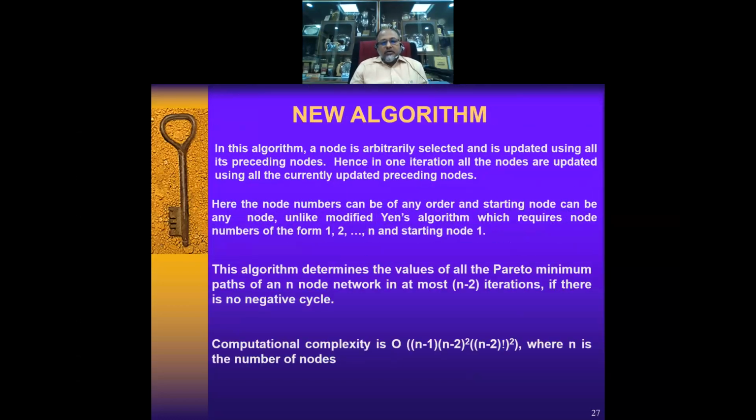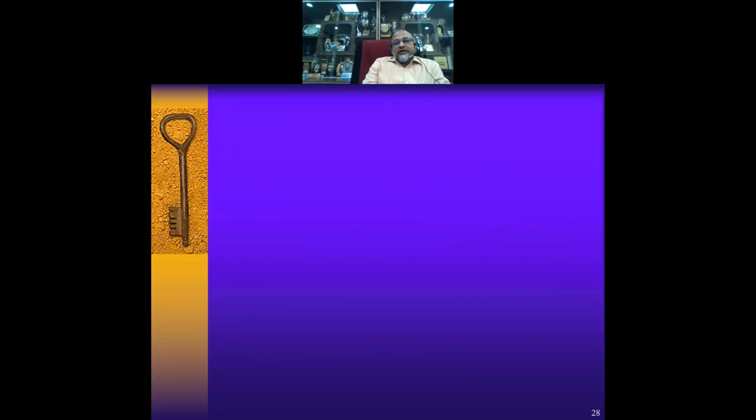First we can check whether it contains a negative cycle or not. If it contains a negative cycle, in polynomial time we can say so. The time complexity of this algorithm is order of (n-1)(n-2)^2 into ((n-2) factorial) whole squared, where n is the number of nodes. This algorithm is also an exponential time algorithm.